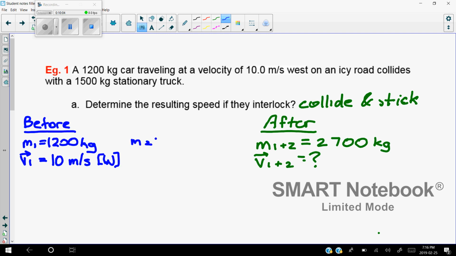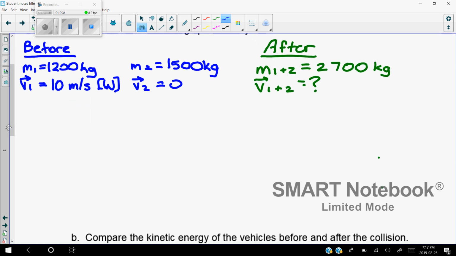So M2 is 1,500. And V2 is 0, which means that this object has no momentum before. It is only going to have momentum afterwards. So notice here that we're only dealing with west, and we don't have to even consider the y components. That makes our life a lot easier.